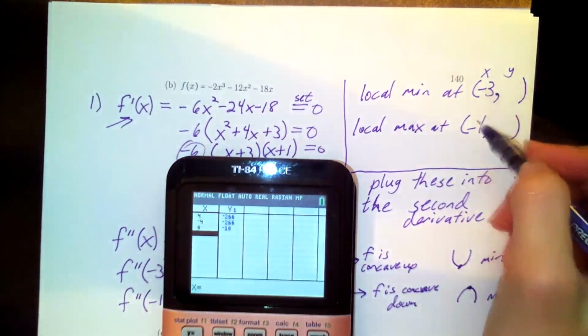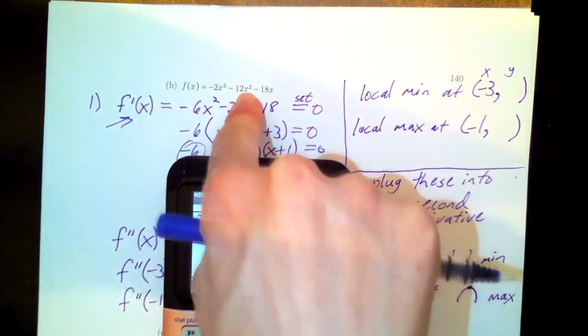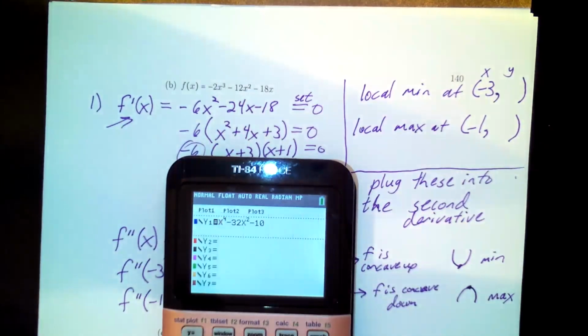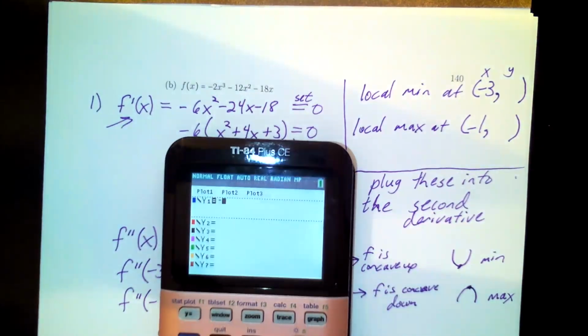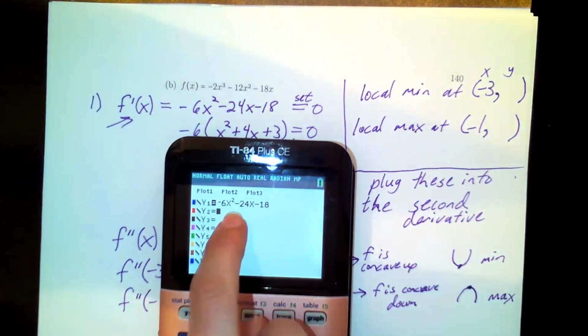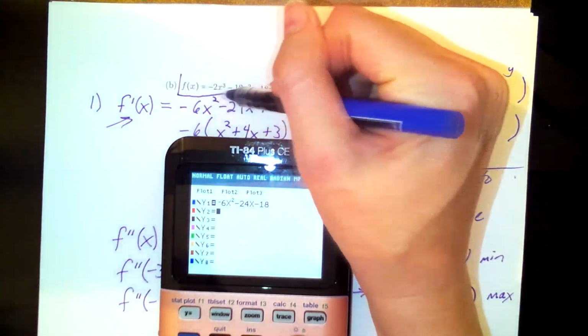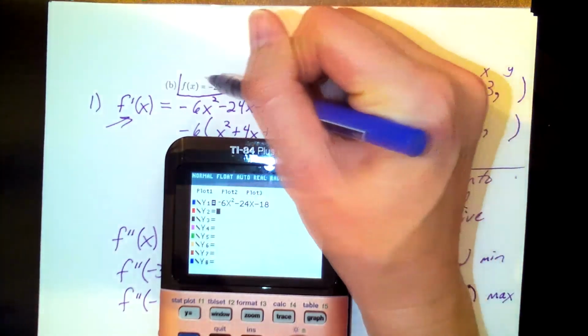I'm going to plug these two x values into the original function here. Oops, I just put the derivative function in there. We want to plug this into the original.